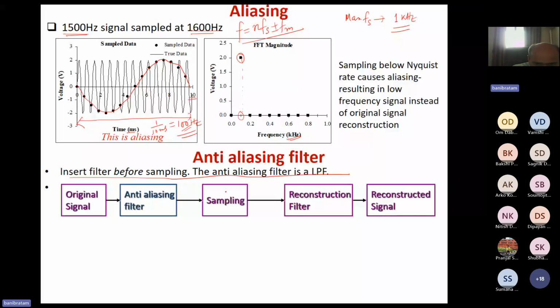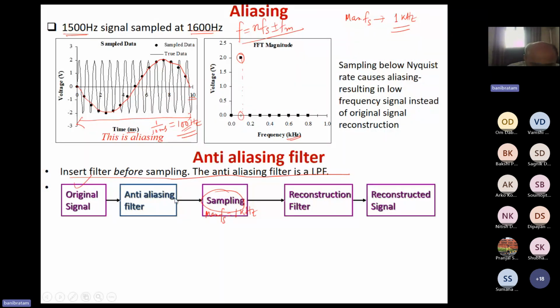Suppose this is your sampler block where, for example, the maximum fs is set as 1 kilohertz. This is the original signal coming from some sensor or device or system. If I connect this original signal to the sampler, this can cause aliasing if the original signal frequency goes beyond 500.